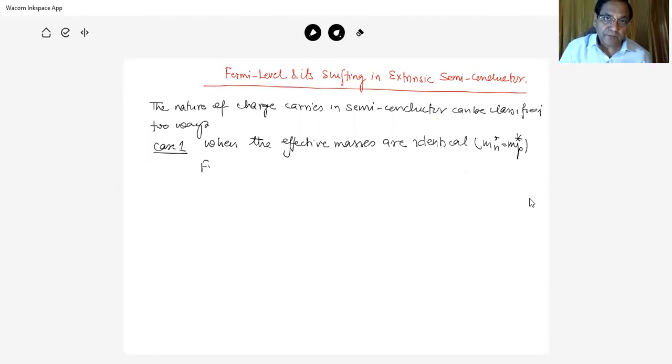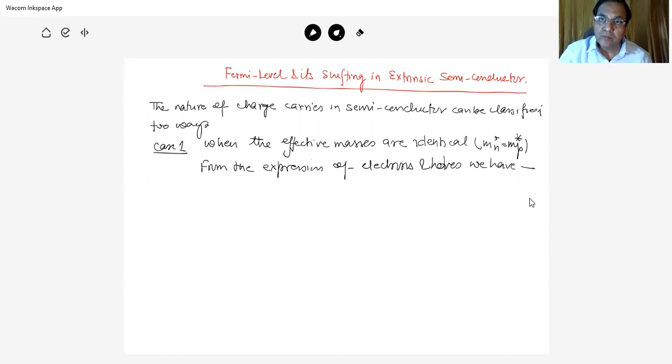So from the expressions for electrons and holes, we have N of E must be equal to P of E.